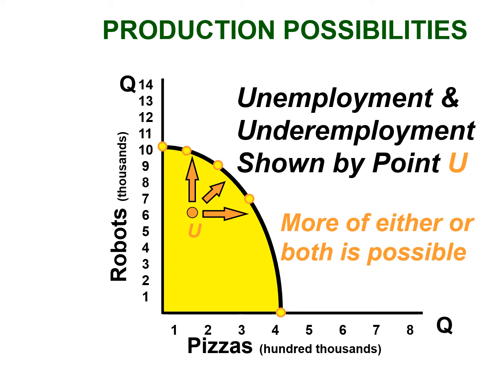So any point inside the curve is attainable but inefficient because of underemployment of society's limited or scarce resources. If we're not putting to work all of our available land, capital, labor, and entrepreneurial skills, we're not operating on the curve, therefore we're not achieving full employment, therefore society is suffering foregone economic outputs.